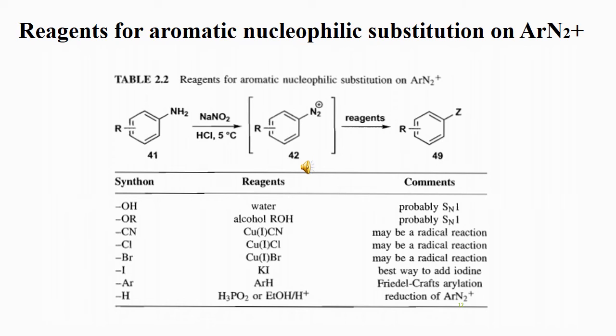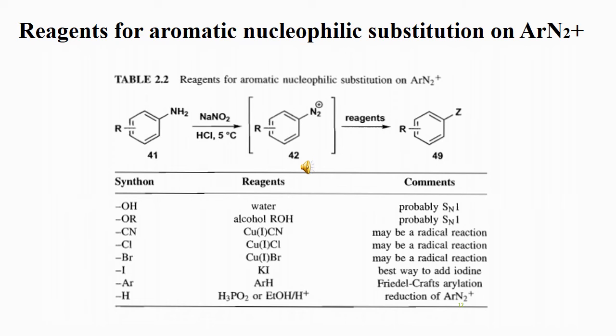Now if you want to show the disconnections on 49, the synthons which can be formed are OH, OR, cyano, chloro, bromo, iodo, aromatic H, and simple H, which can be substituted in the place of Z in 49.